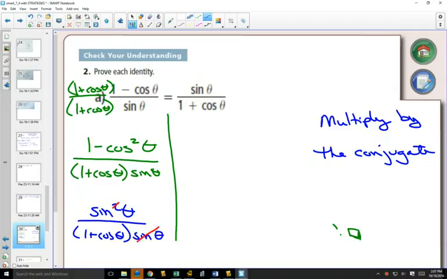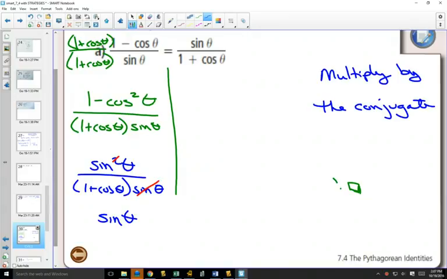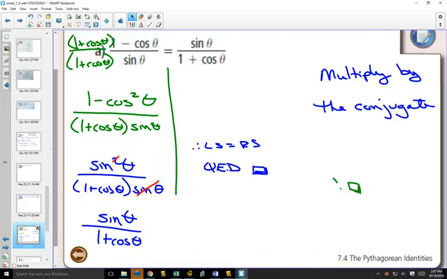One of them is going to cancel out. And we get sine theta over 1 plus cos theta, which is exactly the other side. So that's what the conjugate strategy in our list of strategies was. Okay?